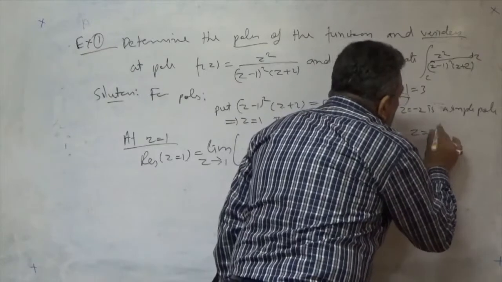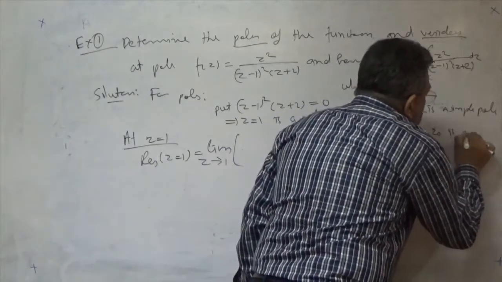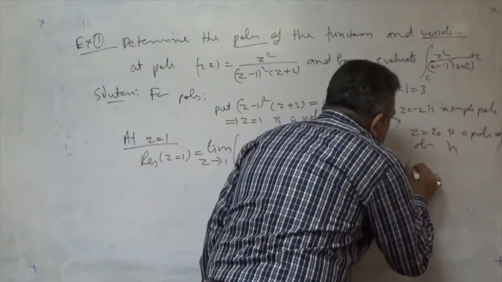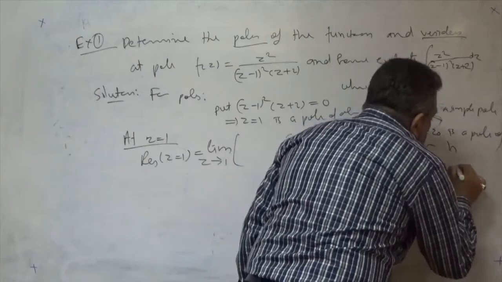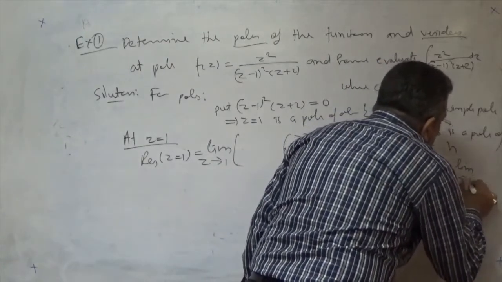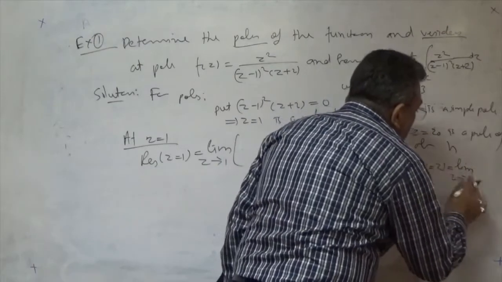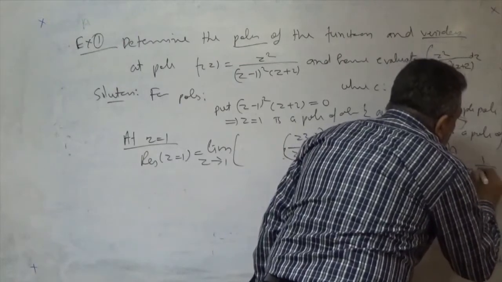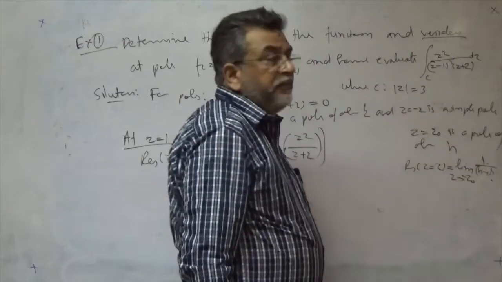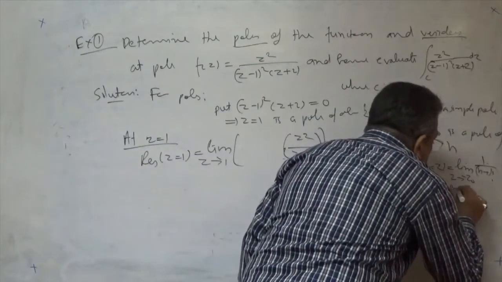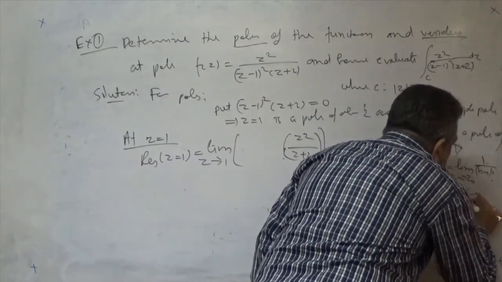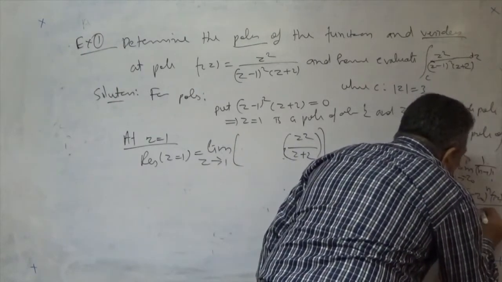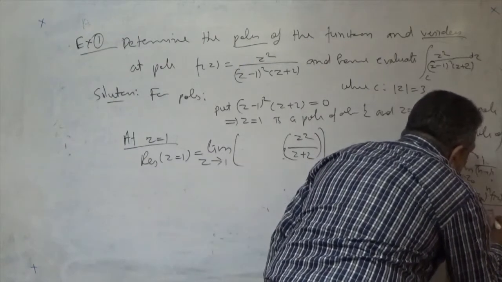If z equal to z naught is a pole of order n, then we define the residue as the limit z tending to z naught of 1 upon (n minus 1) factorial times the (n minus 1)th derivative of (z minus z naught) to power n times f(z), with respect to z.